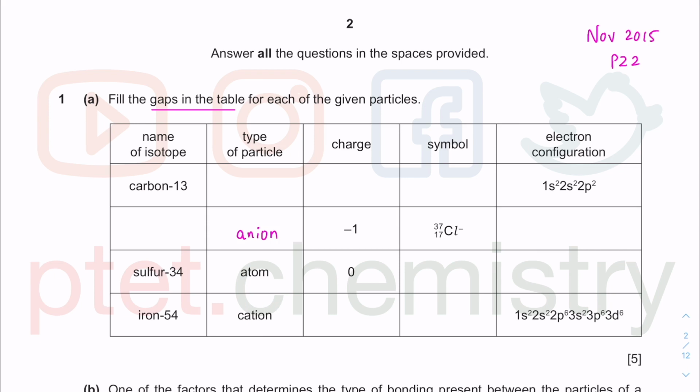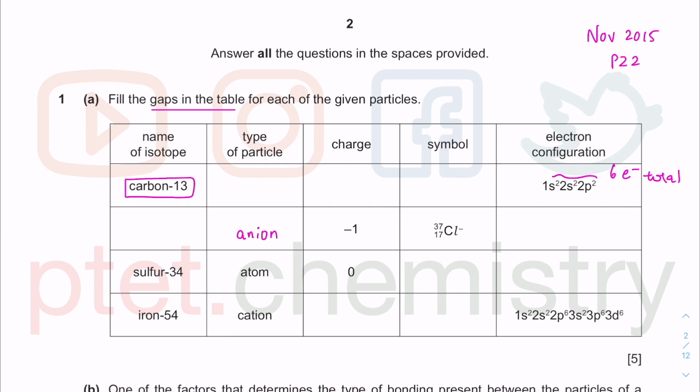Looking at the electronic configuration, we should be able to tell how many electrons we have, such as 1s2, 2s2, 2p2. That is 2 electrons in the 1s, plus 2 electrons in the 2s, plus 2 electrons in the 2p. There are 6 electrons in total. And we need to know how many protons there are, and we can get that from the identity of the element.